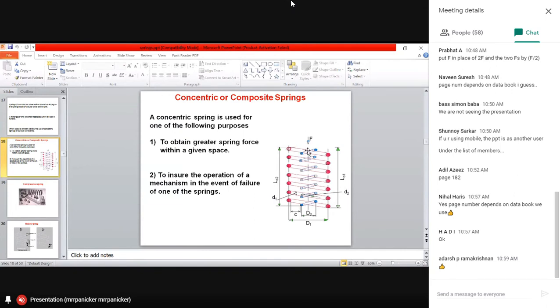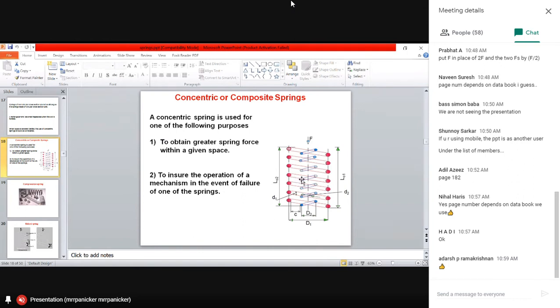You can have one spring inside the other, of the same length or of different length, and it is called a concentric spring. To obtain greater spring force within a given space, where the space is limited, we want more force to be supported, then we go with the concentric spring.